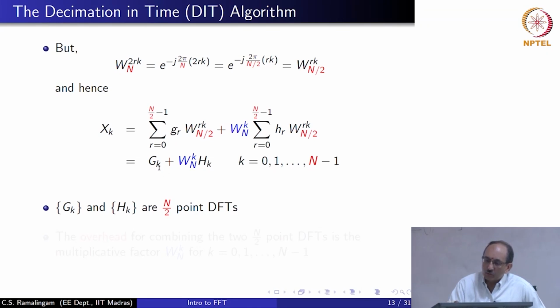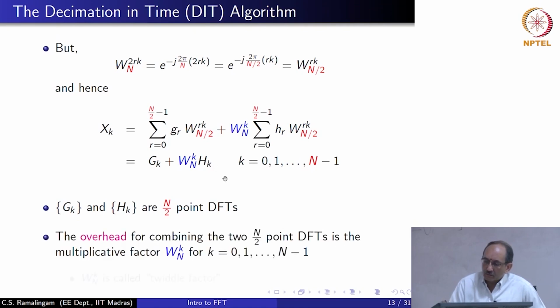Therefore, when k goes from 0 to n by 2 minus 1 you get G[k], and then when k hits n by 2 you are back to G[0] because this is periodic with period n by 2. Similarly for H[k], when the k index goes beyond n by 2 minus 1, the first index beyond is n by 2, and H at k equal to n by 2 is the same as k equal to 0.